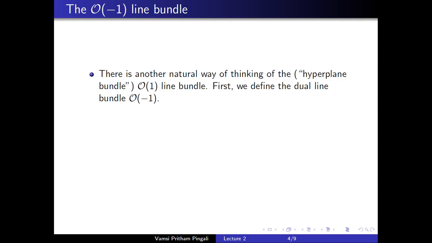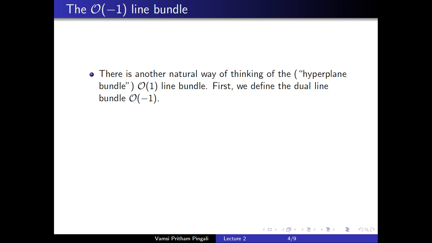Recall, for instance, if you take the tangent bundle, you can take its dual. That is, at every point, instead of the tangent space, you have the cotangent space, a smoothly varying family of the dual vector spaces. Akin to that, you can form tensor bundles, and differential forms out of them, and so on.